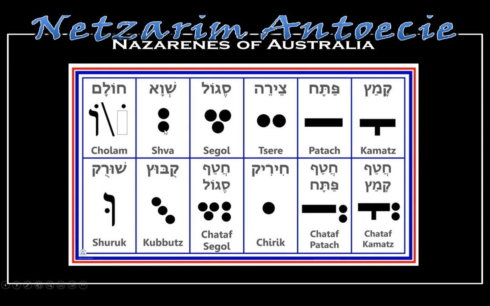Now shava could be a short E sound if it's the beginning, or if it's the end, it's got no vowel sound, the end of the syllable. We're talking about syllable because it helps break up the word so we know how to read it. Then we have segol, so we can see it's se, it's a shorter E sound. Then we have zere, well that sounds like a longer E sound if we look at the E. Then we have patak, short A, and then we have kamatz, longer A. So just remember that's the way we use them in the words.